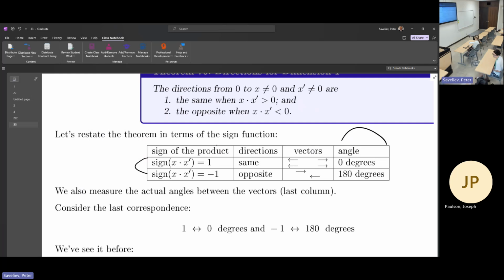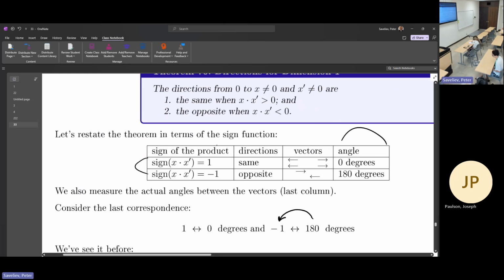There is a function that establishes this relation between them. 0 degrees gives you 1, 180 degrees gives you negative 1. What function is that?